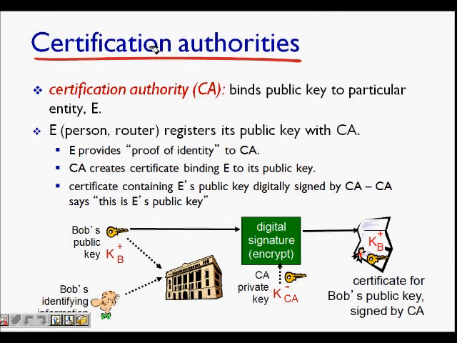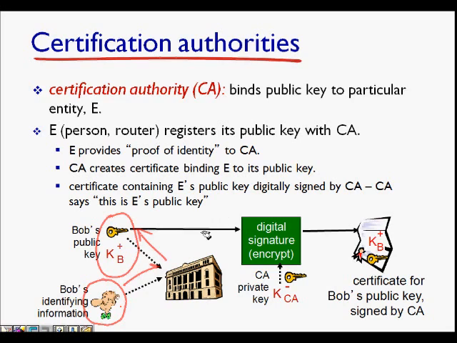So there must be a certification authority. Why? Because if someone says that this is Bob's public key, the person, his information and his key should be bound together. There should be some authority which says that this is the person and this is his public key.